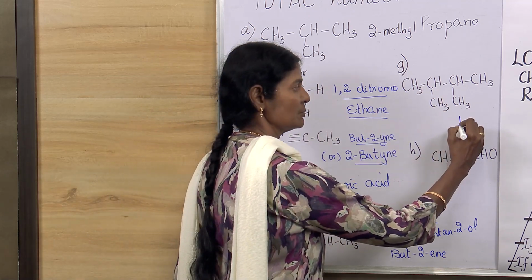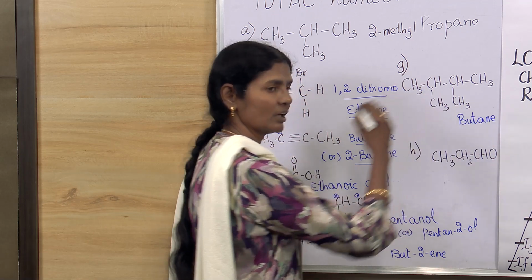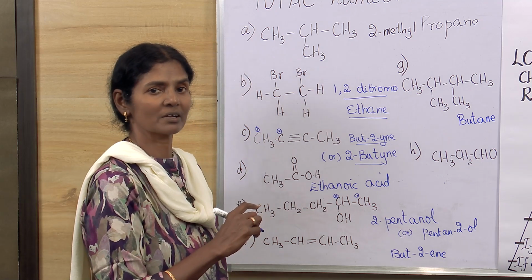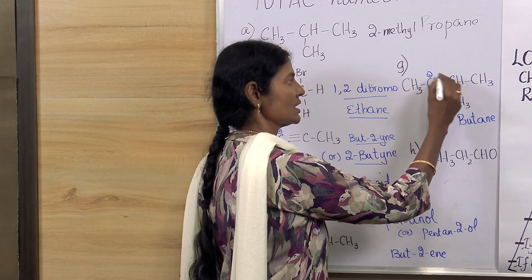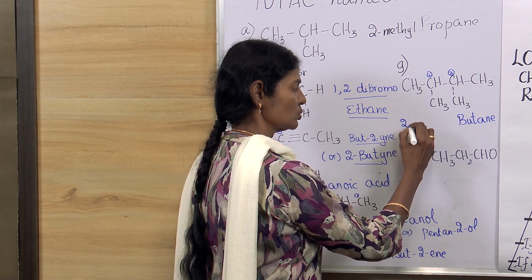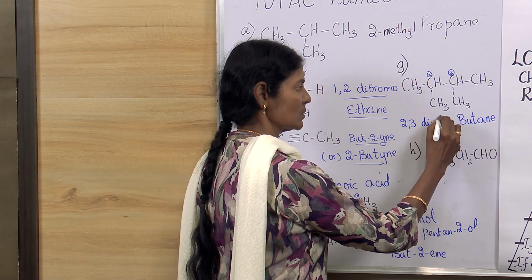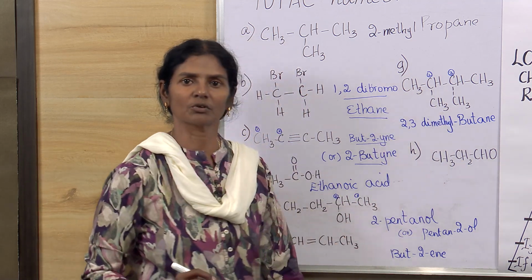Therefore, it is butane. Single bond. But there are 2 alkyl groups in 2 different carbon atoms. If we count, this is in the 2nd and this is in the 3rd. Therefore, we write 2,3-dimethyl butane. This is the name of this compound.